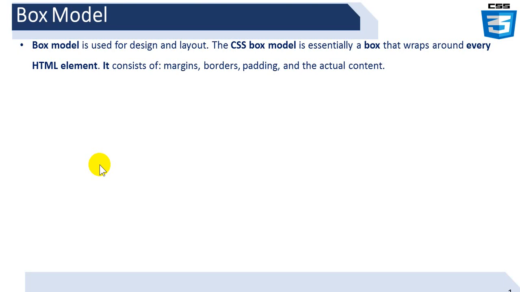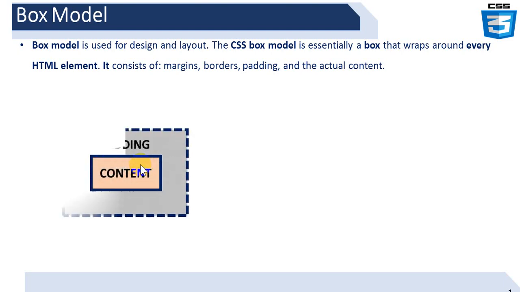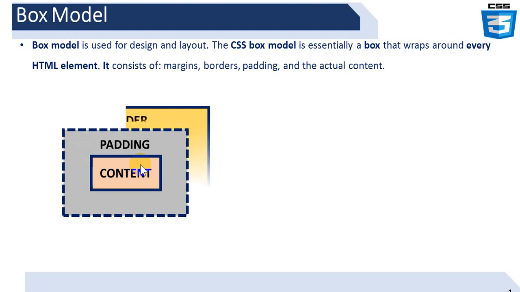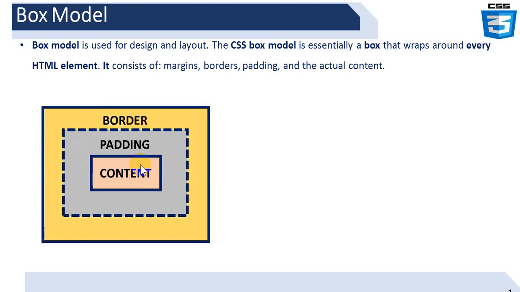Then, very important, you will understand. Observe here, we have some content. The content is surrounded by something called border as well as padding. This is my content, and the dashed one is my border, and the space between the content and the border is known as padding.